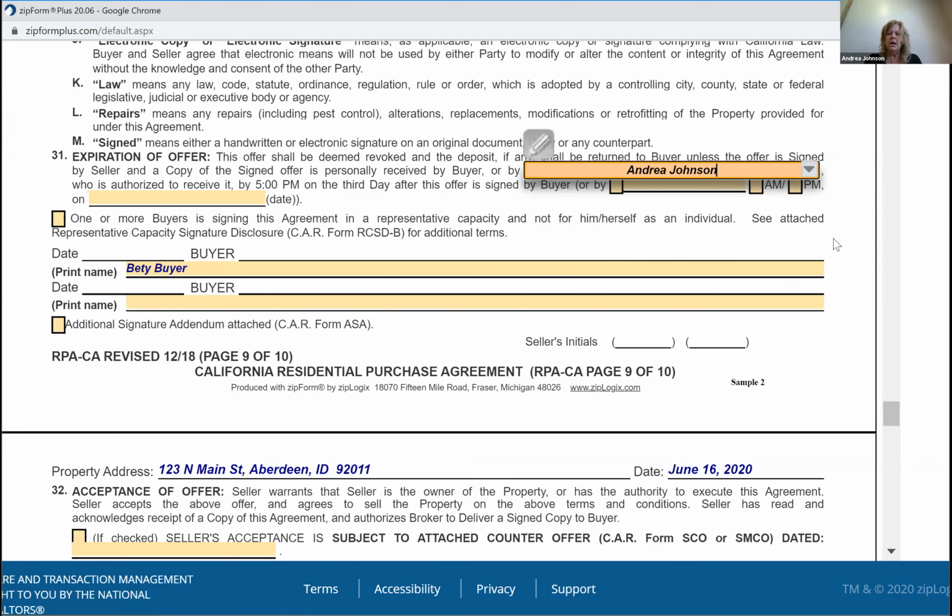This is what authorizes you to receive seller's response and be the authorized agent for the buyer. Do not forget to put yourself in here.